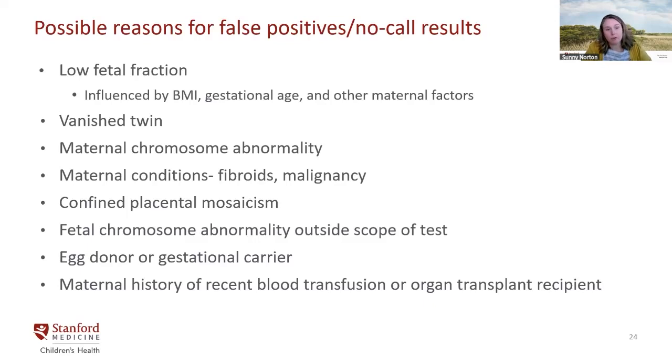Sometimes egg donors or gestational carriers can lead to DNA technical difficulties in providing a result or interpretation. And maternal history of a recent blood transfusion or organ transplant would obviously also complicate the DNA pattern that the lab is analyzing.